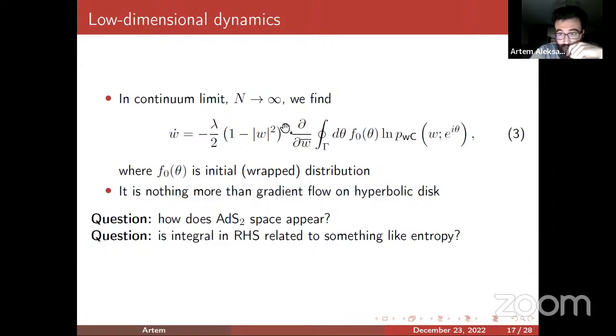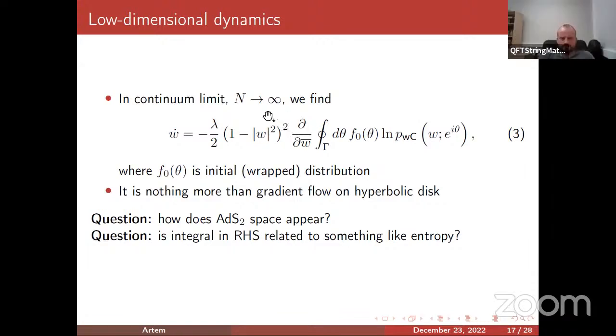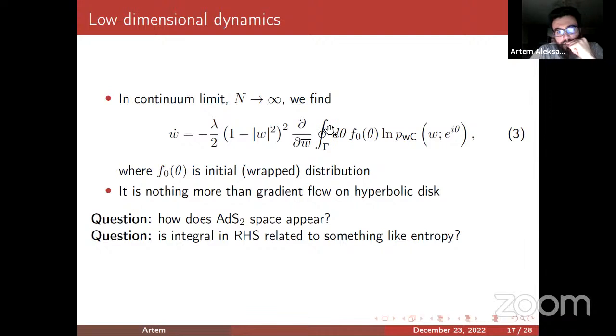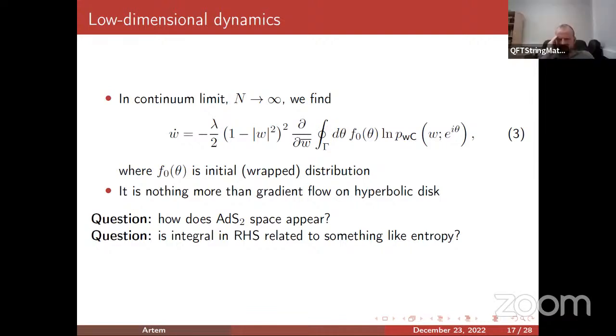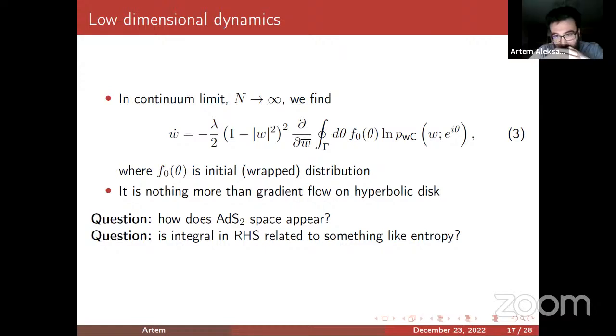And this distribution, Kullback, whatever, is it related to the Kähler potential of this metric? It seems very closely related, no? Because it's kind of its gradient flow. I mean, this derivative over omega W bar reminds me.